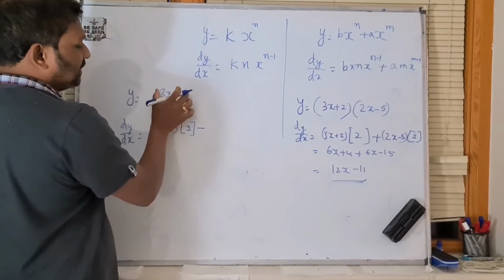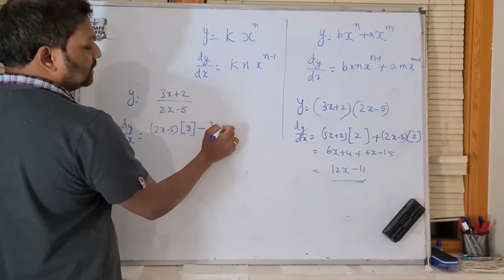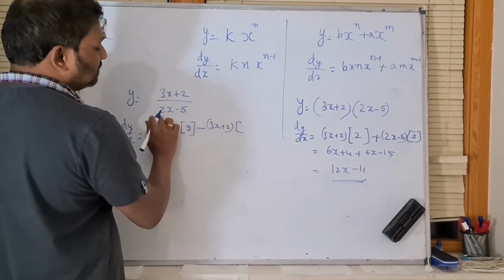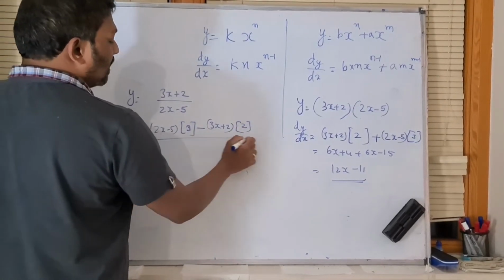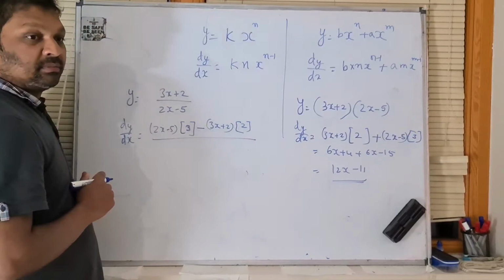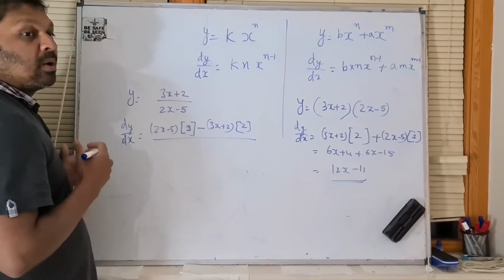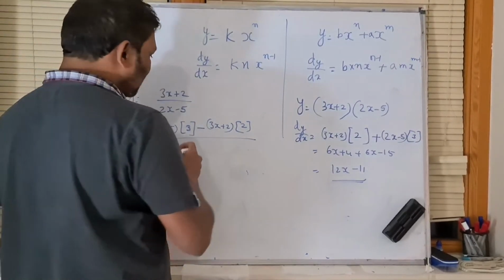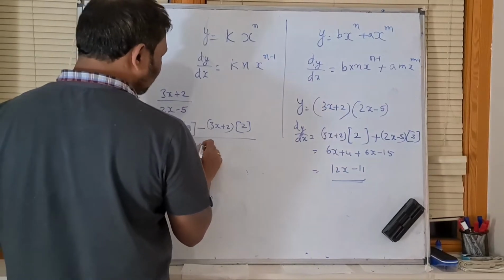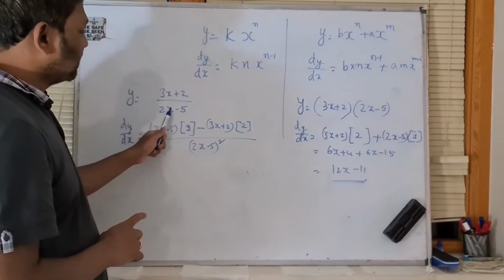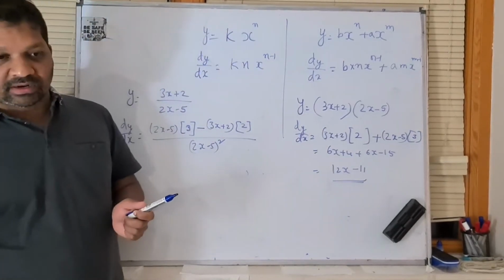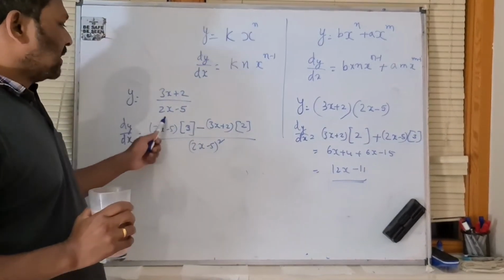Minus, take this part, differentiation of the denominator, 2, by 2x minus 5 whole square. The denominator square. Previously the denominator is this one, but if you differentiate it, the denominator gets squared up.